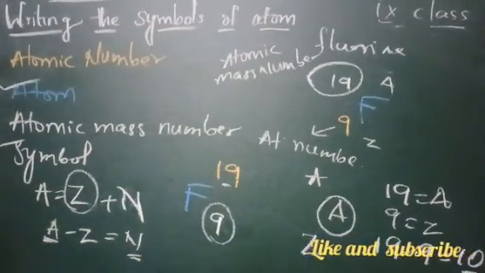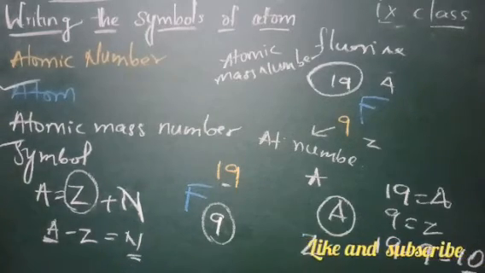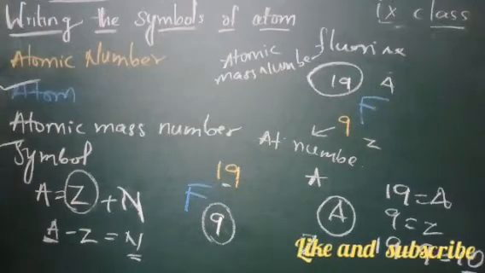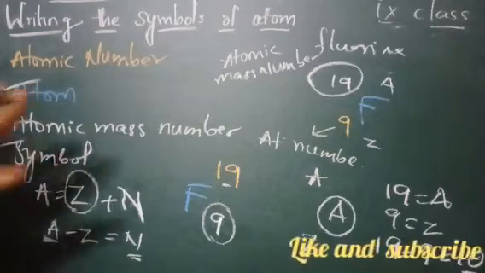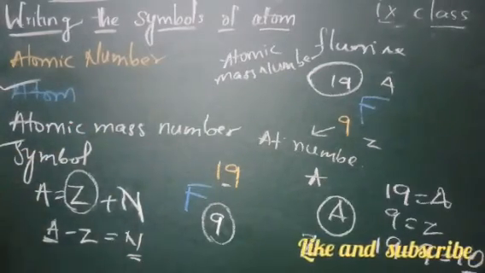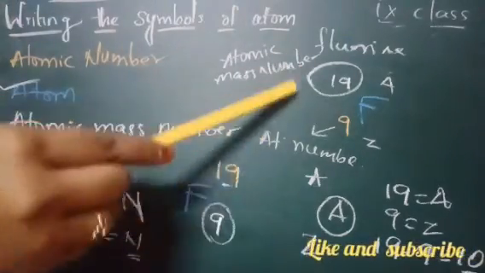Right? I think it is very clear, children. I hope the topic is understandable. I hope you will be able to write the symbols of an atom. First we will see what the atom is. Then we will see what symbol is to be written for that atom. Then we will write here the atomic mass number.